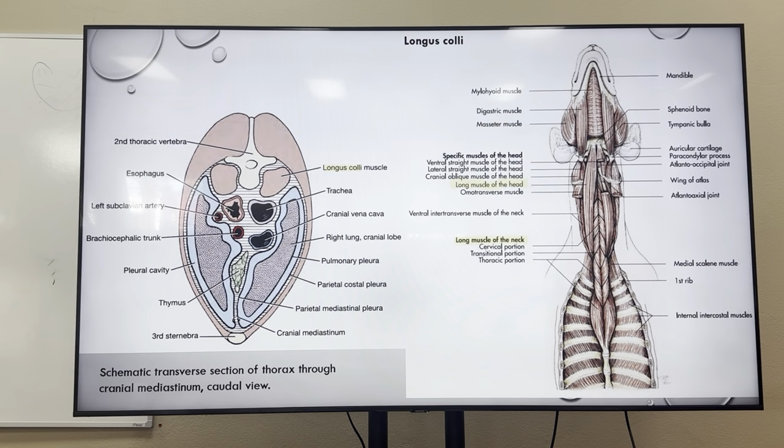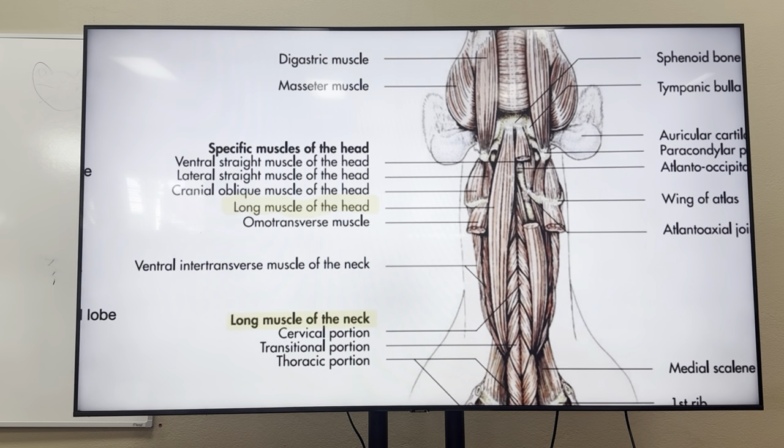The longus coli, this muscle is very important when you are performing surgery related to the intervertebral disc, because the intervertebral disc is readily accessible here, and the muscle that needs to be reflected to expose these vertebral discs is the longus coli.